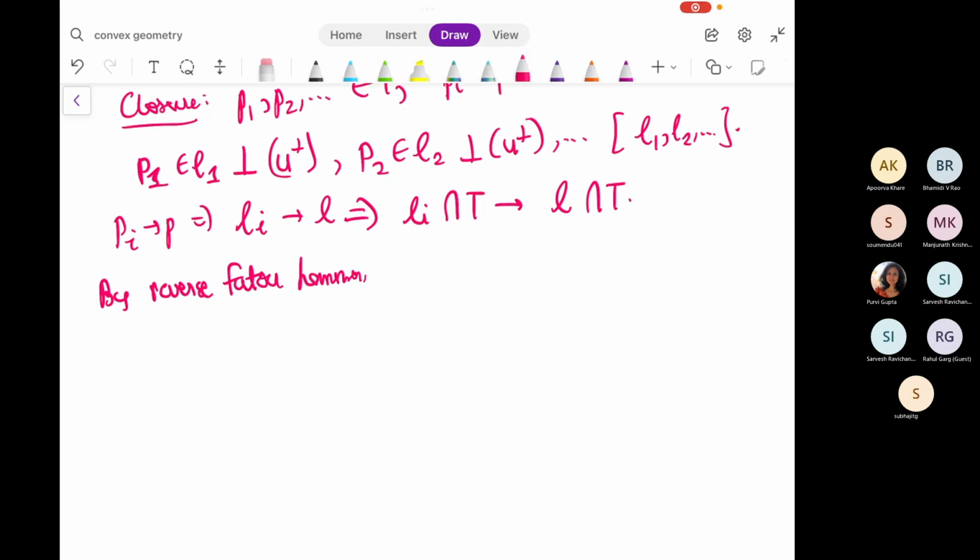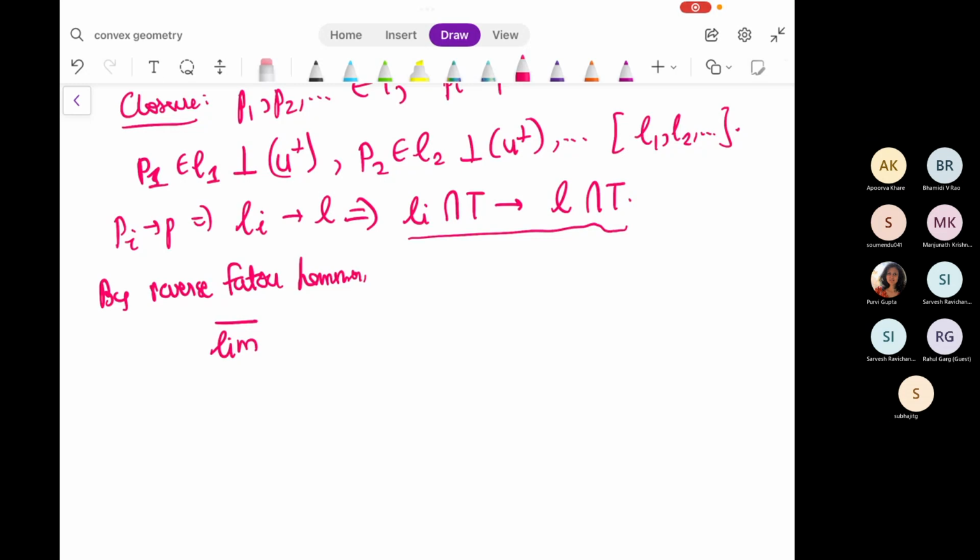But anyway, by the reverse Fatou lemma, what you can show is that the sets. This convergence that I have written here is just a convergence of indicator functions of those particular sets, right?